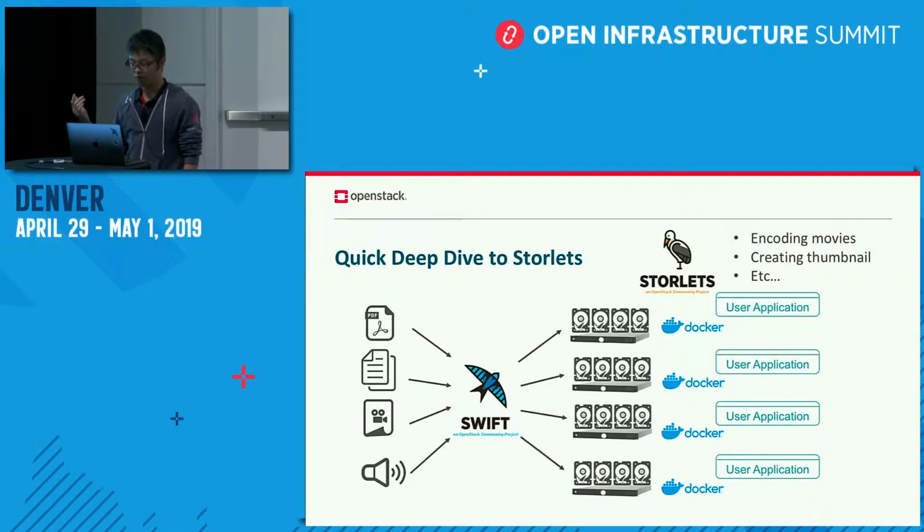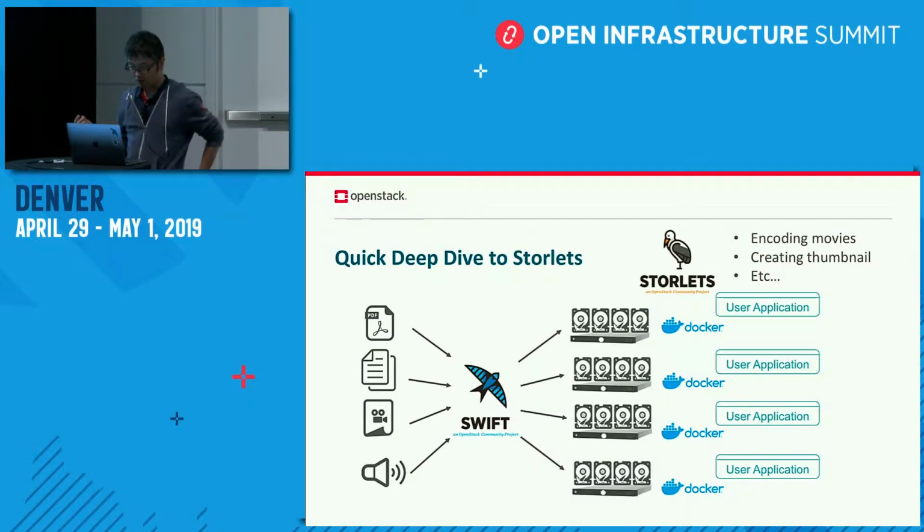For the preparation, what the user should do is just upload your code as well as other kinds of Swift objects, then define your application path in the Storlets API when calling your Swift API call.